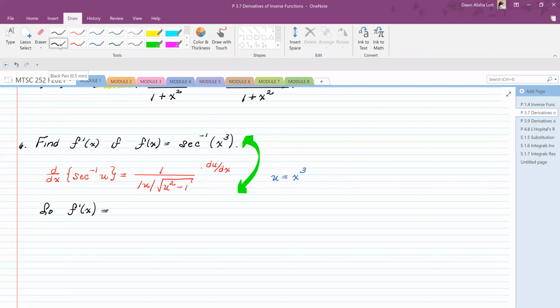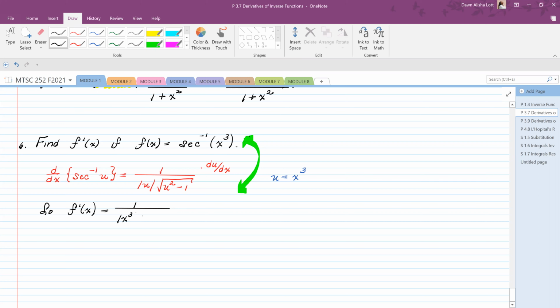Does anybody want to try to give me an answer, or are you guys stuck? Because it's quiet. So I think the answer, not simplified, would be 1 over absolute value of x cubed times the square root of x cubed minus 1. Okay, so 1 over the absolute value of x cubed, good.